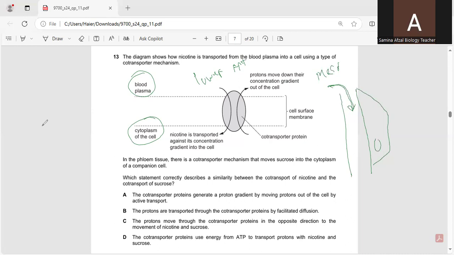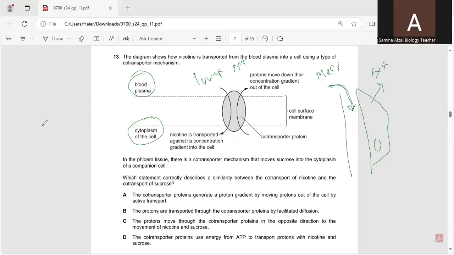So here, there are co-transporter proteins and a co-transport mechanism in the companion cell. First of all, the hydrogen ions will move down their concentration gradient out of the cell in this way.